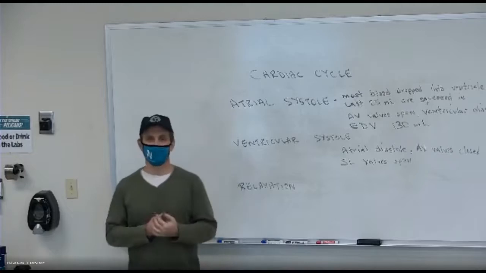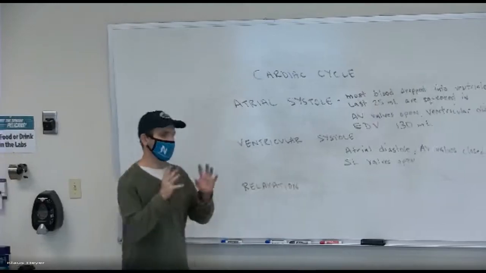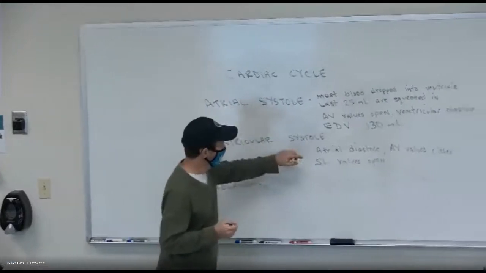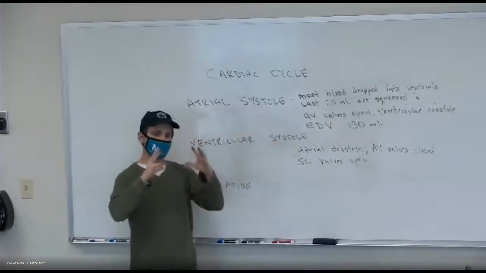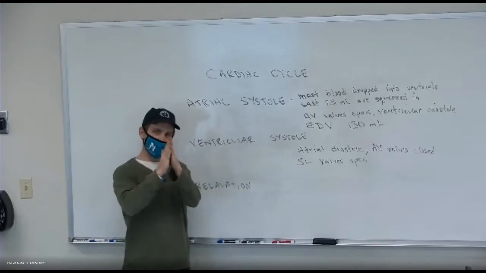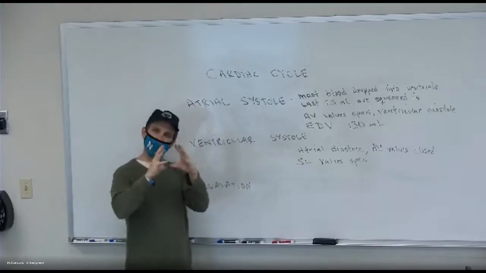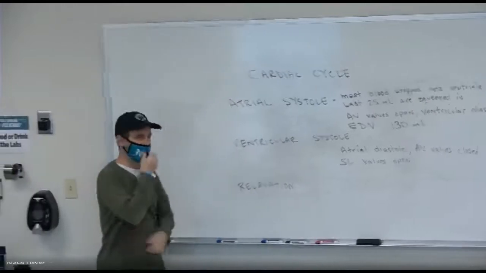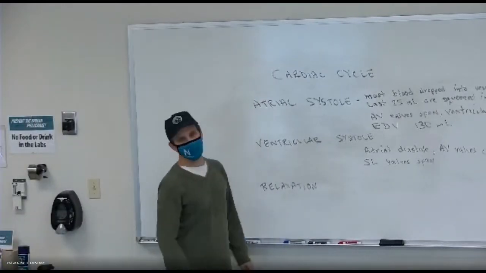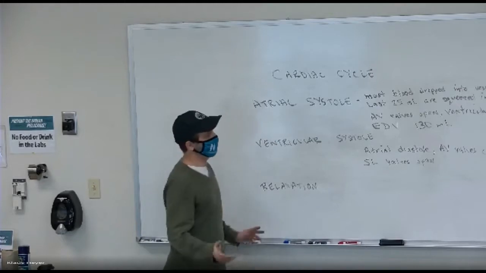You can ignore it if you see it in the book. There is a slight period that all 4 valves are closed. For example, when the ventricle starts to squeeze, to contract, it shuts the AV valve, but it didn't squeeze enough to open the semilunar valves. So there's a brief fraction of a second where they're all closed. That's what that's referring to. I don't mind if you skip it.